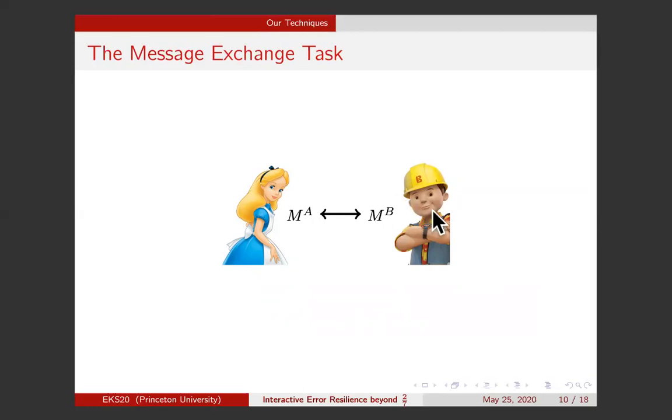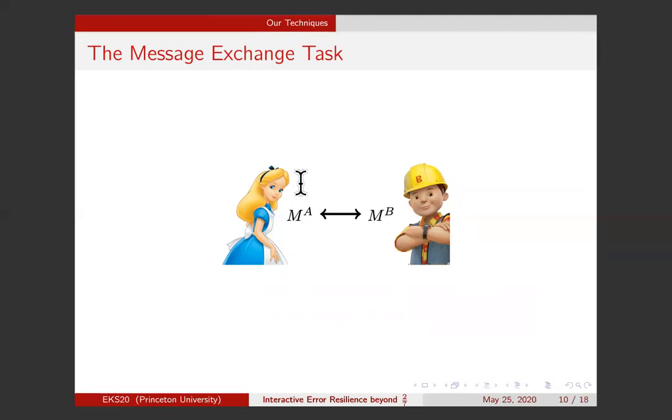And the goal of these parties is to know each other's messages. So at the end of this task, Alice wants to output Bob's message MB, and Bob wants to output Alice's message MA. I emphasize that the restriction to message exchange is only for this presentation, and our result actually gives error resilience higher than 2/7 for all interactive tasks.